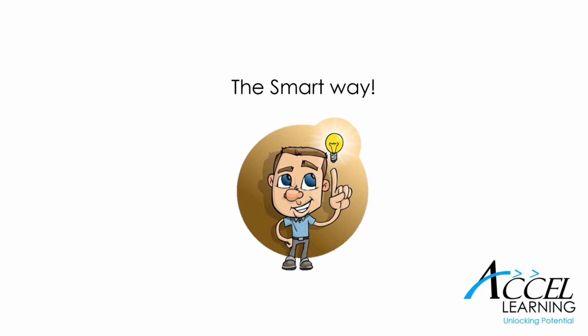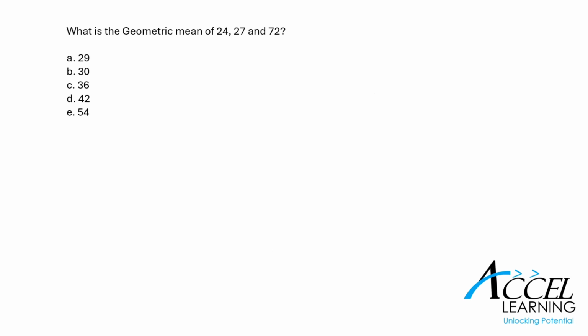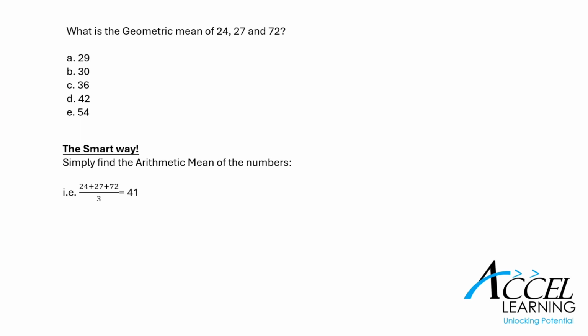Here's the same problem. Pause the video now to see if you have a faster and smarter way to solve this problem and beat the clock. So, here's the smart way. Simply find the arithmetic mean of the numbers. That is 24 plus 27 plus 72 over 3 equals 41.